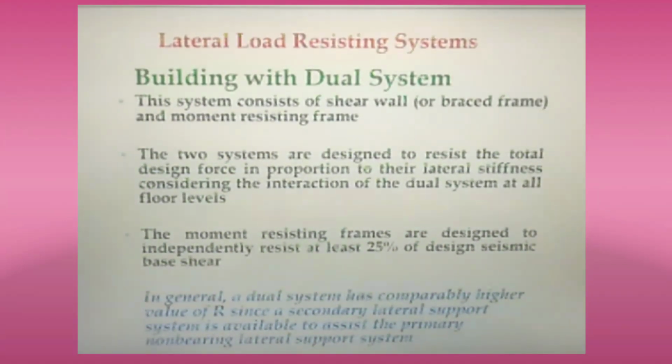Okay. Here the two systems are designed to resist the total design force in proportion to their lateral stiffness, considering the interaction of the dual system at all floor levels.